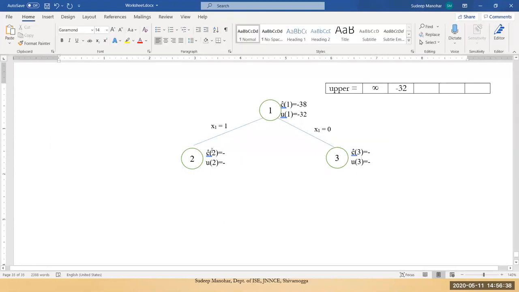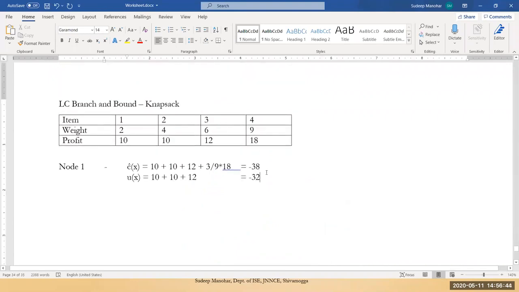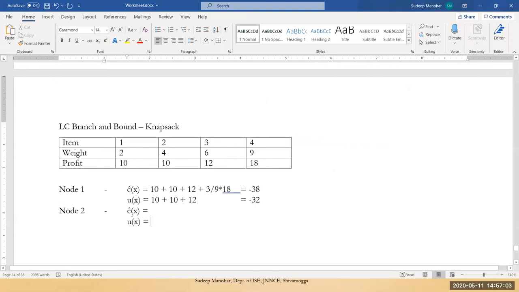Now let us see what are c2 and u2 for x1 is equal to 1. This is node number 2. What is c of x?